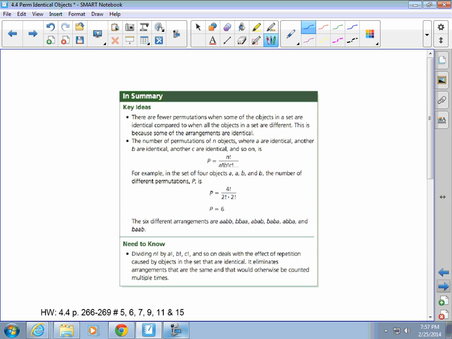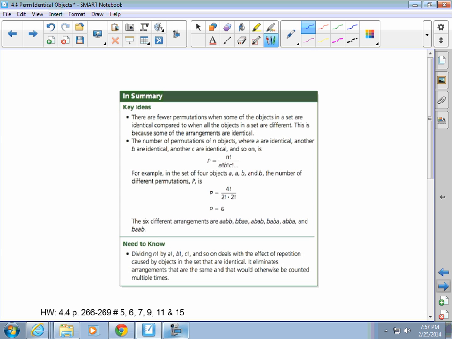So, in summary here, there are fewer permutations when some of the objects in the set are identical compared to when they are all different. The number of permutations of n objects where a are identical, another b are identical, another c are identical, is n factorial over a factorial times b factorial times c factorial, and so on.